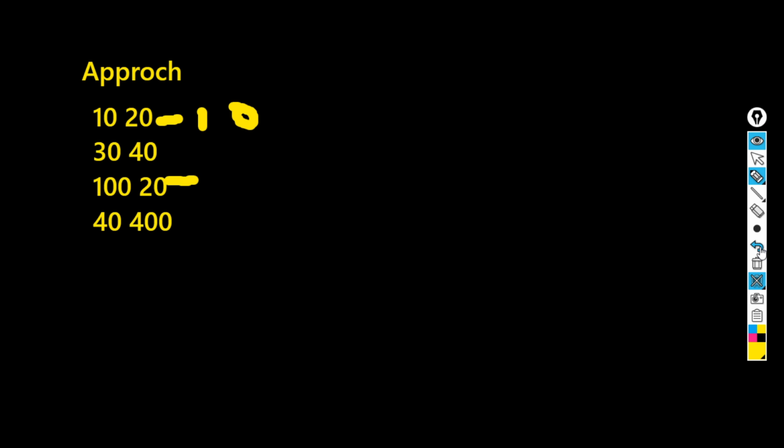So if we sort the list according to the difference, we do not require taking the absolute value. Suppose in this case we are getting the differences as minus 10, minus 10, 80 and minus 160.